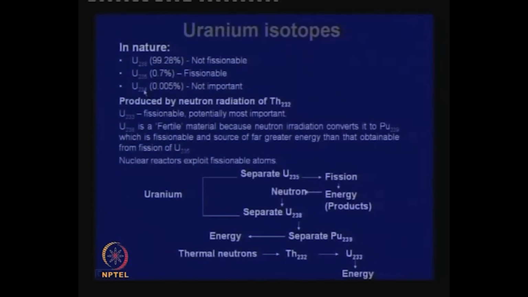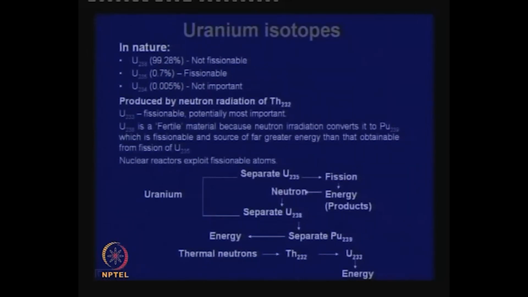There is one, U-234, which is so small in percentage you can ignore it. U-238 is not fissionable, but we call it a fertile material, because it can be converted to a fissionable element, plutonium-239. So from uranium we are getting a fissionable isotope and a fertile isotope, which gives plutonium-239.